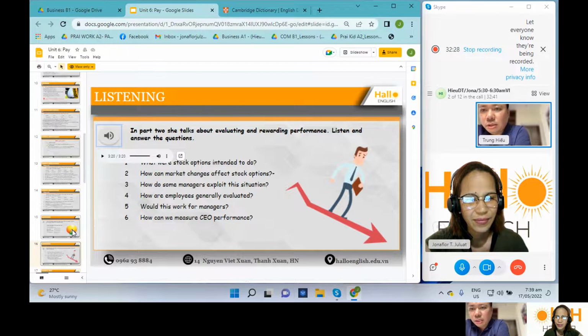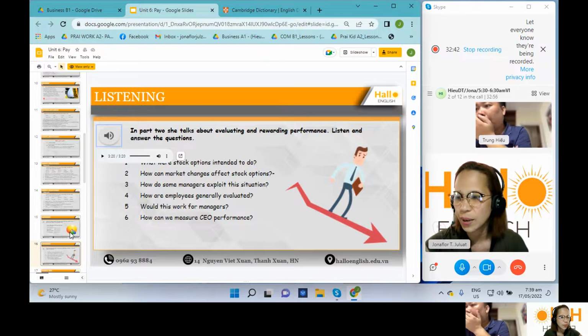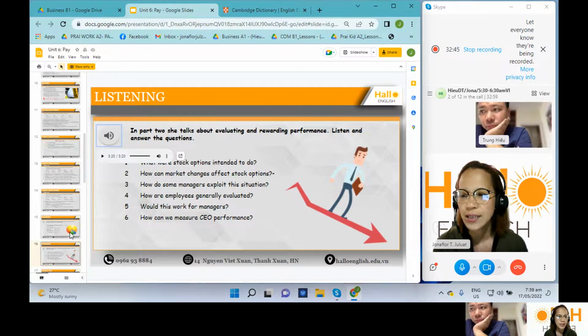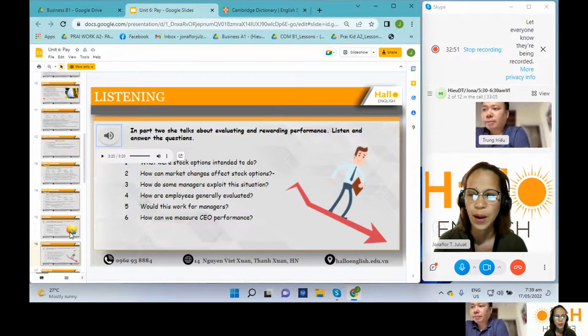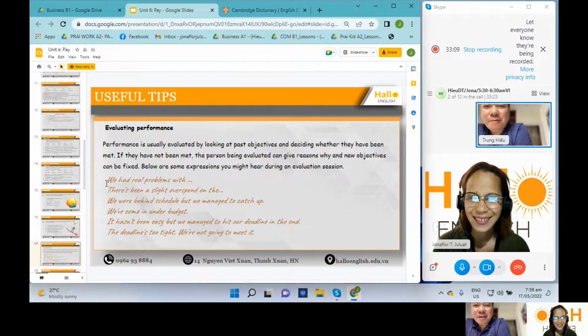We can measure a CEO's performance by another company's performance. So the company bosses had to come up with the goods in order to get their salary. That's one way to solve the problem, and it depends upon their company performance compared to the other company, right? It's quite difficult.